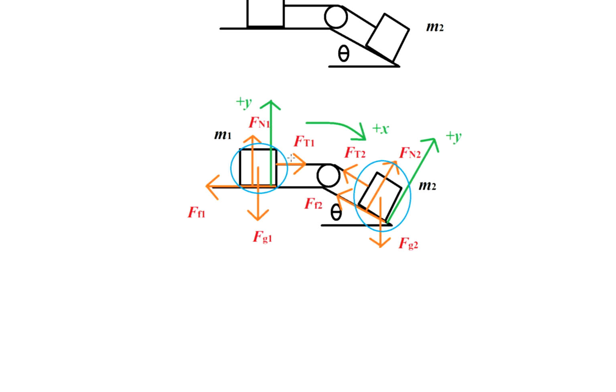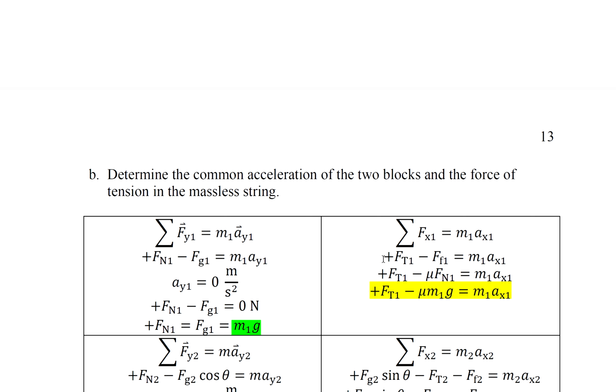For the horizontal axis, I have plus force of tension minus force of friction equals ma. And force of friction equals mu force normal. And what is force normal? It's m1g. So I substitute that here.